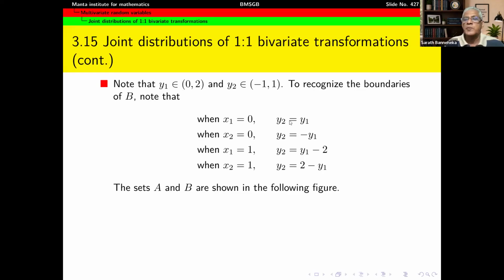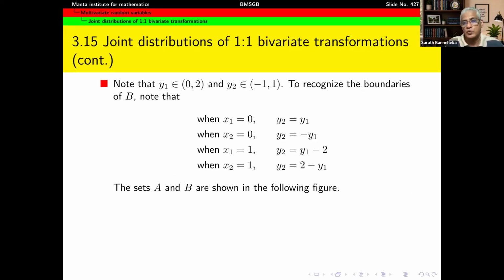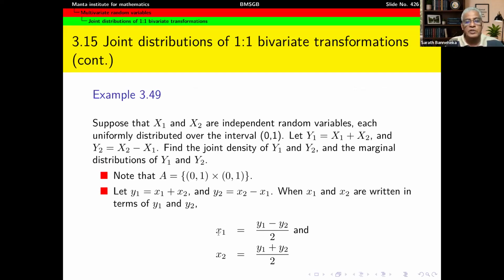Right? I'm expressing all these things for y2 because I'm going to consider y2 as my vertical axis and y1 as my horizontal axis. Therefore, it's easy to draw the lines when you consider y2 as the y axis and y1 as the x axis. And the other two lines are x1 is equal to 1 and x2 is equal to 1 in set A. When you put x1 is equal to 1, you get y2 is equal to y1 minus 2.